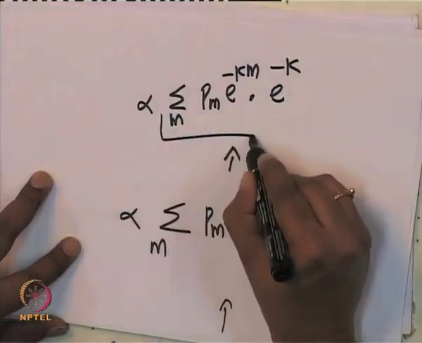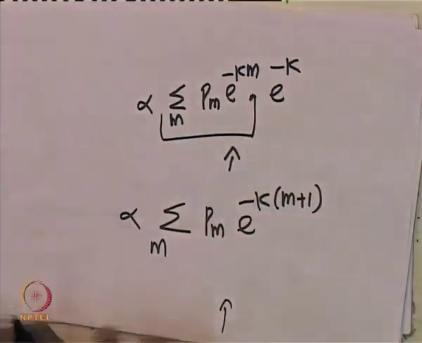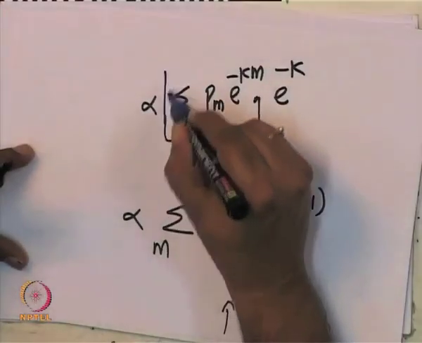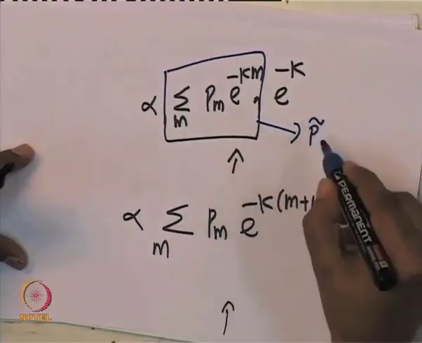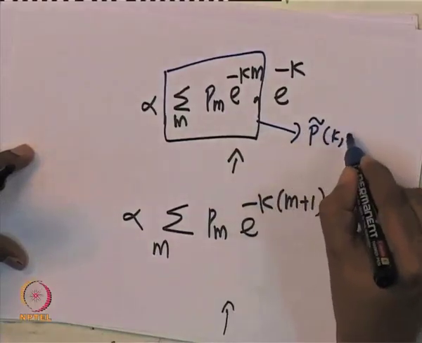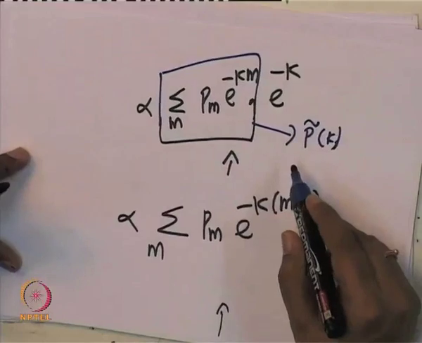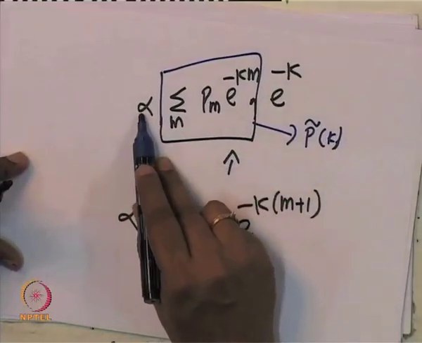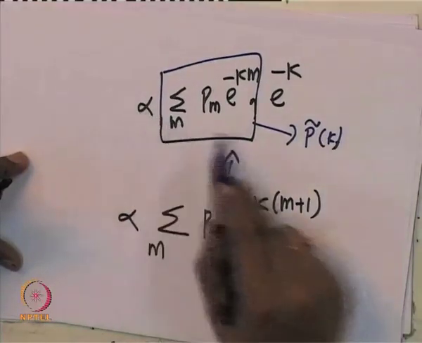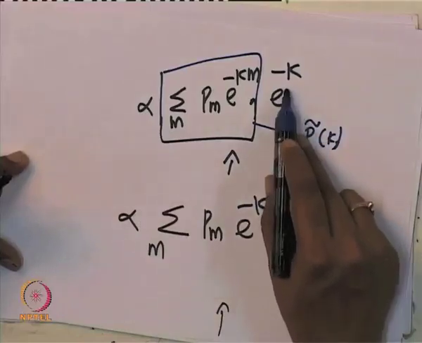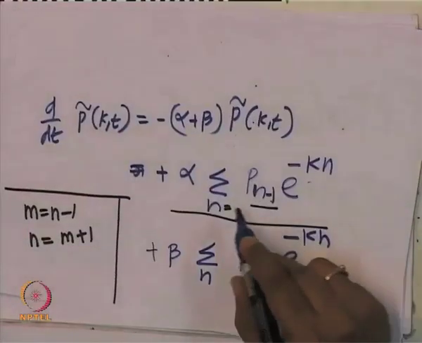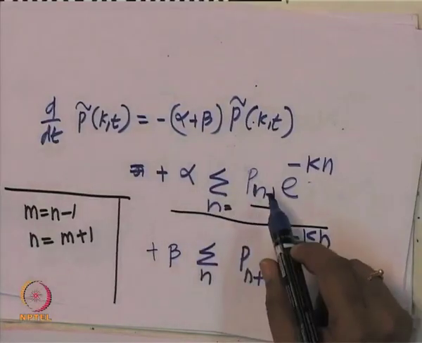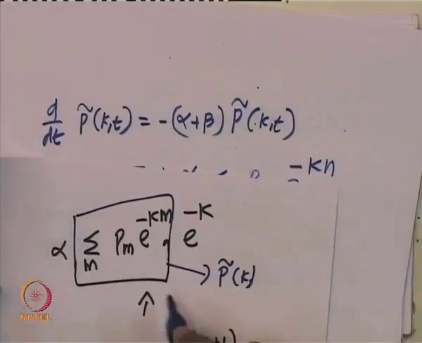And this particular part, just this thing, we can call again p tilde of k. So, what you get is alpha times p tilde of k into e power minus k. That is what this term will end up as.